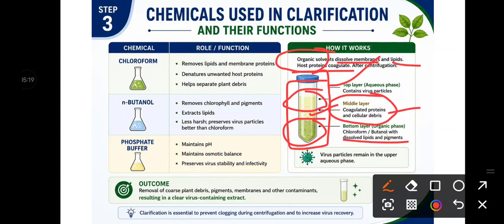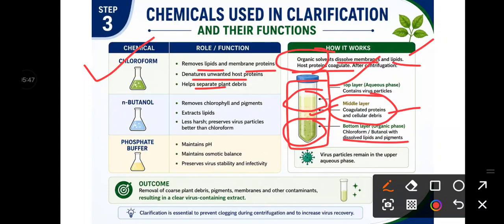The organic solvents mostly used for the clarification of the virus extract are, first and most important, chloroform. It removes the lipid as well as membrane protein. I have already discussed this. It denatures the unwanted host protein and helps in separation of plant debris.